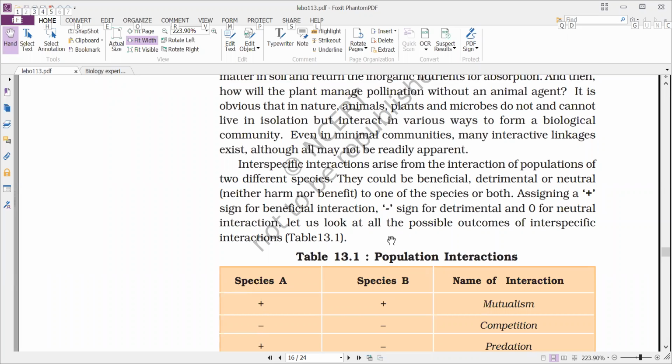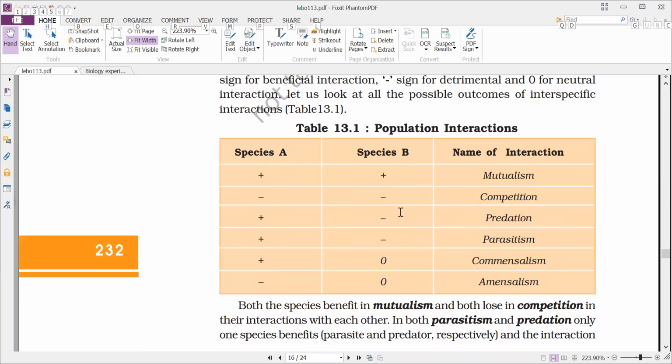So let us look at all the possible outcomes of interspecific interactions. Here we can see there are two species, species A and species B, and the type of interaction is given in the form of symbols, like positive, negative and 0.